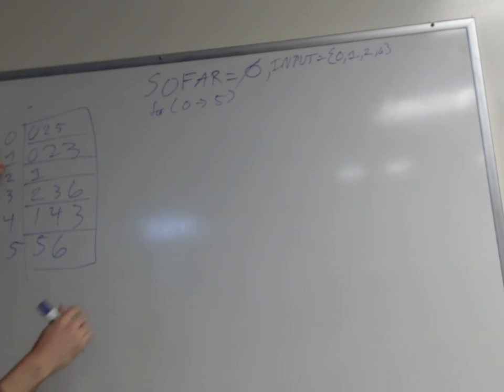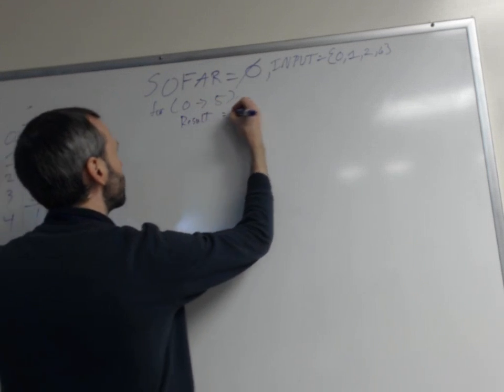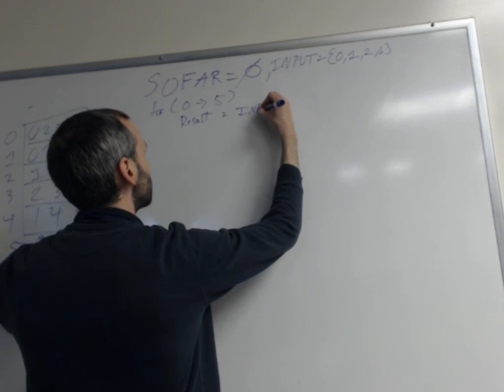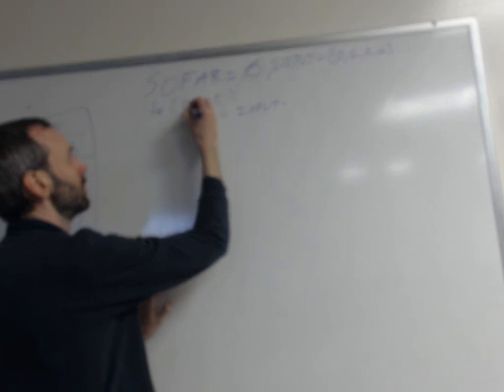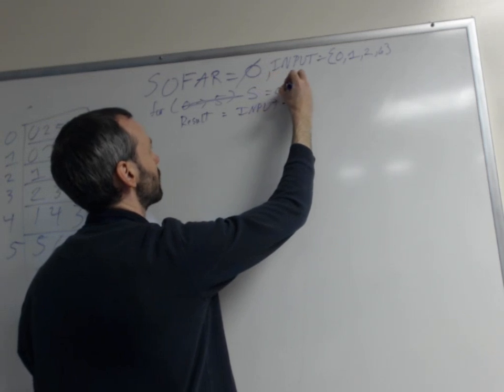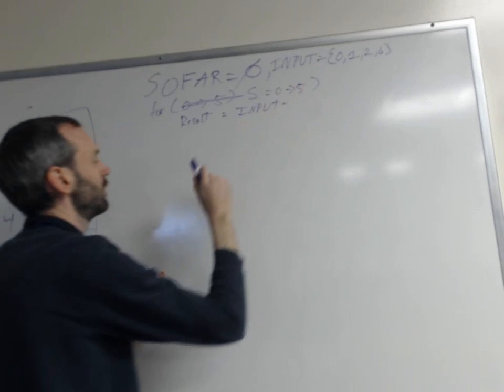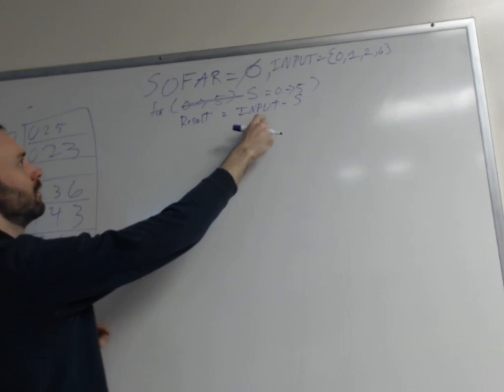What we're going to do is have result equal the input minus that set, because set currently is pointing to 0.